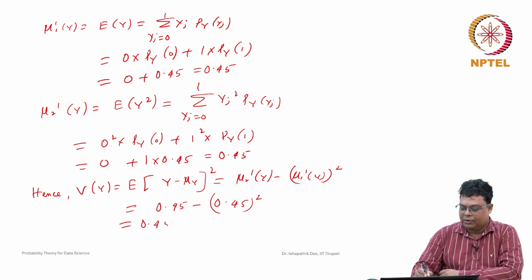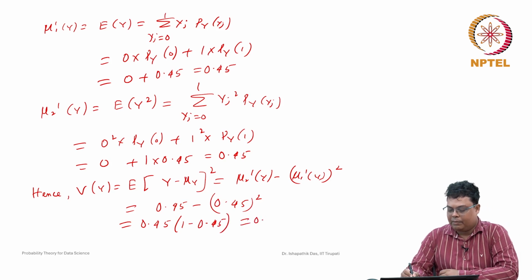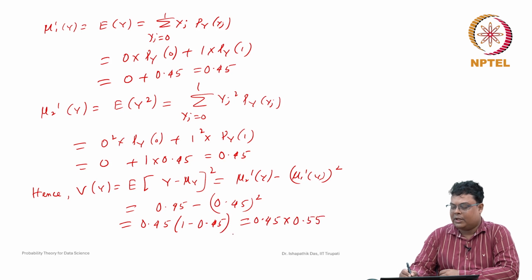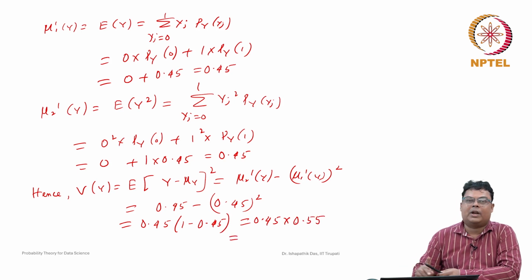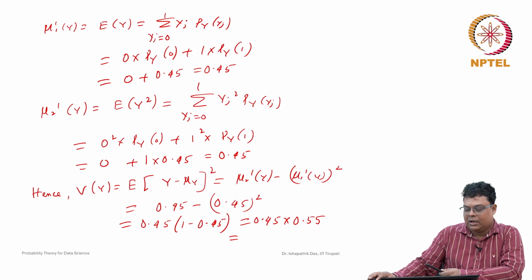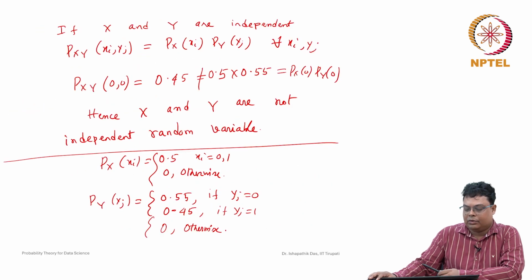This is nothing but 0.45 into 1 minus 0.45, so 0.45 into 0.55. Whatever the value comes, you can compute numerically and find the variance of y.